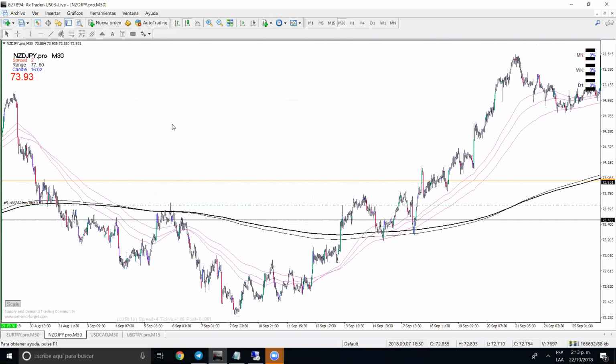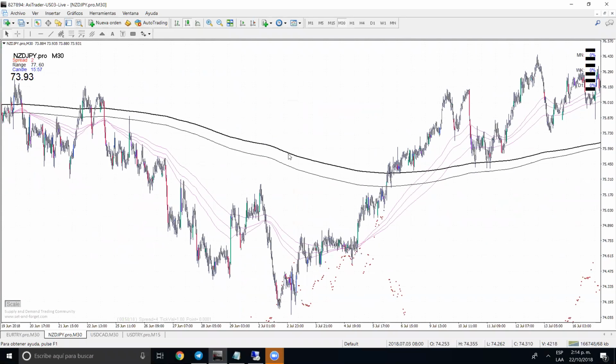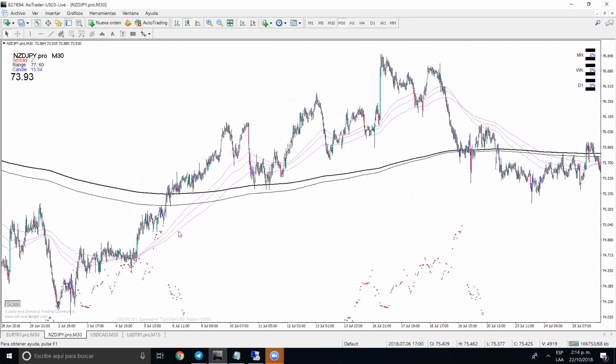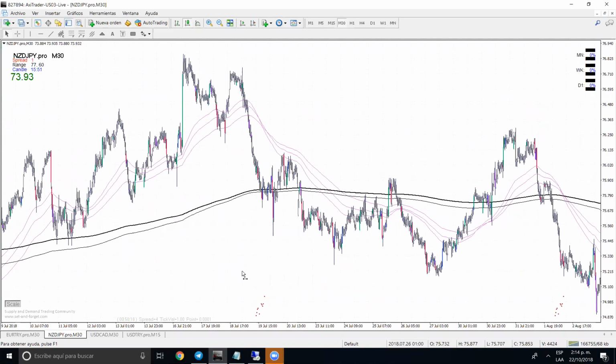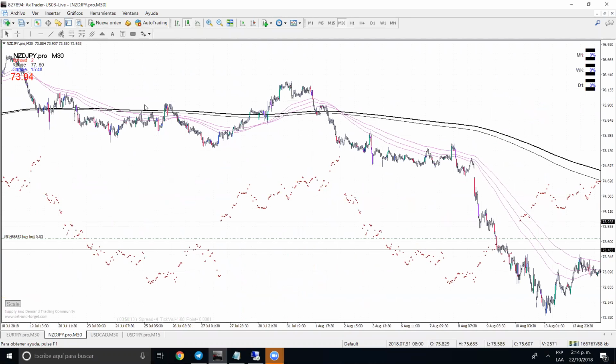I'm going to show you now a breakout 2 trade. We have a breakout 2 trade setup.